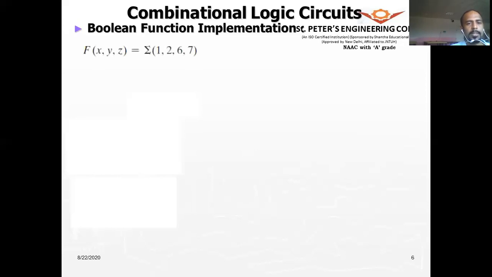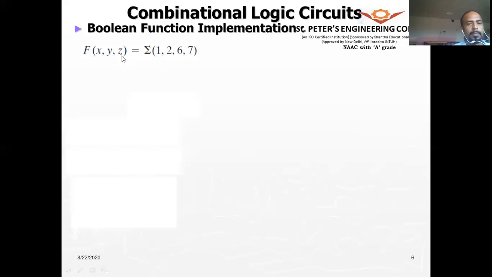Now let us take an example. F is a function of three variables x, y, and z, and the minterms are 1, 2, 6, and 7. For a three variable input, the combination of these three variables will be totally 8 combinations, starting from all the 3 bits being zeros to all the 3 input bits being ones.